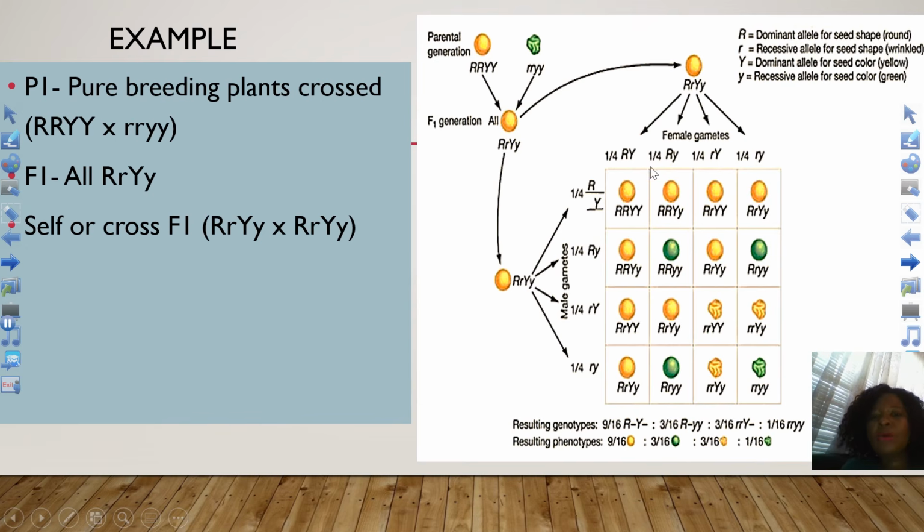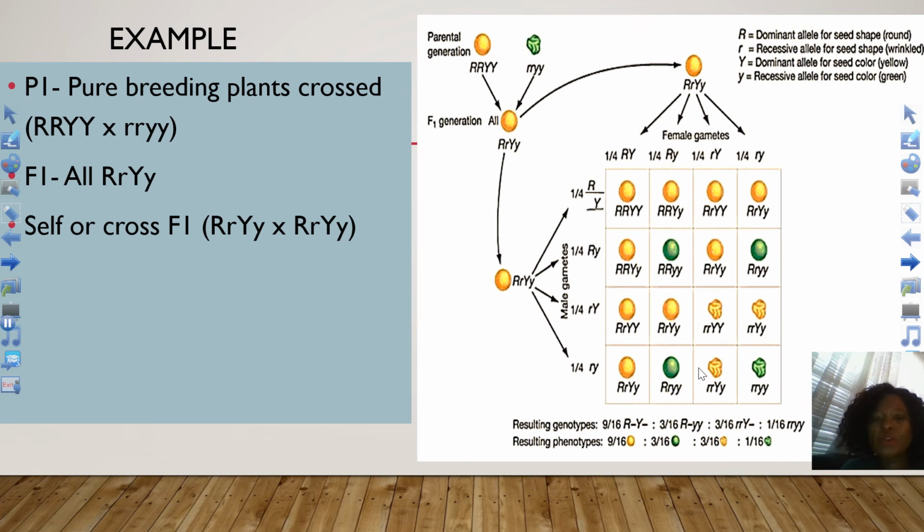So there is a 1/4 chance of getting the gamete that has capital R, capital Y. There is a 1/4 chance that it produces the gamete with capital R, small y, and the same thing, small r, capital Y, is also produced in the same frequency. So these gametes are equally produced for both of these parents. So there's your results in a Punnett square, exactly the same as what we did in the previous slide.